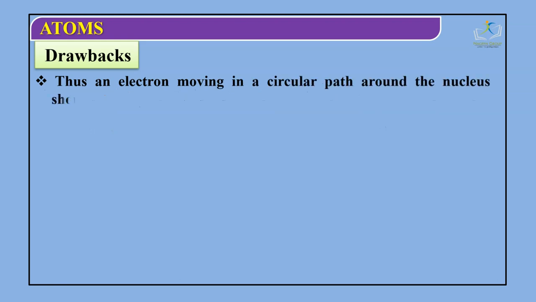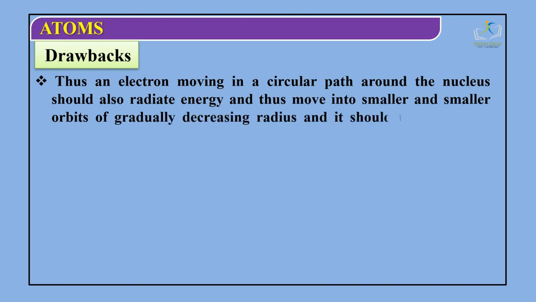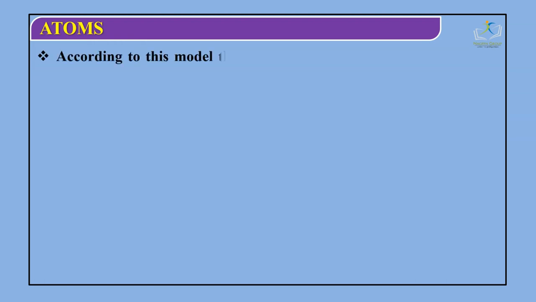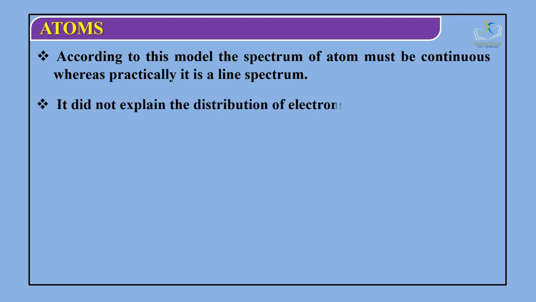Thus, an electron moving in a circular path around the nucleus should also radiate energy, move into smaller and smaller orbits of gradually decreasing radius, and ultimately fall into the nucleus. According to this model, the spectrum of an atom must be continuous, whereas practically it is a fine line spectrum. It also didn't explain the distribution of electrons outside the nucleus.